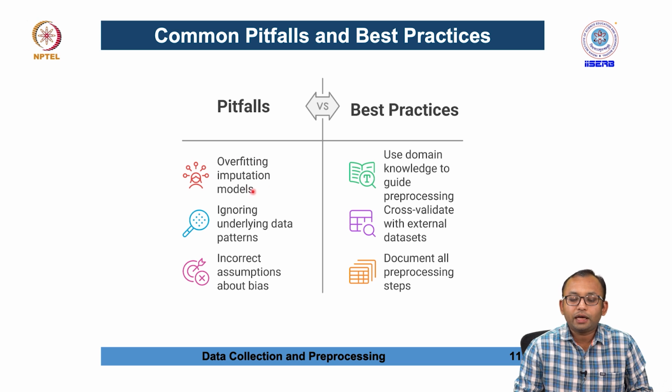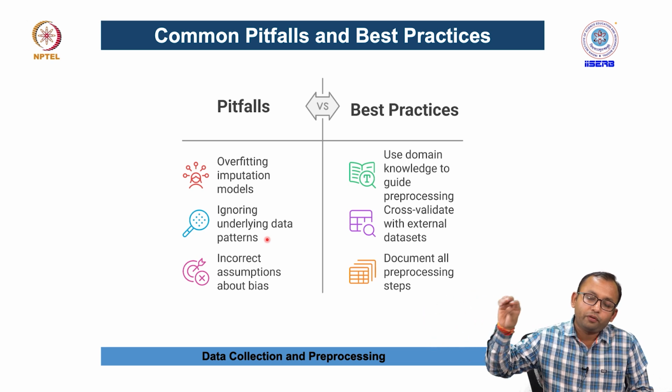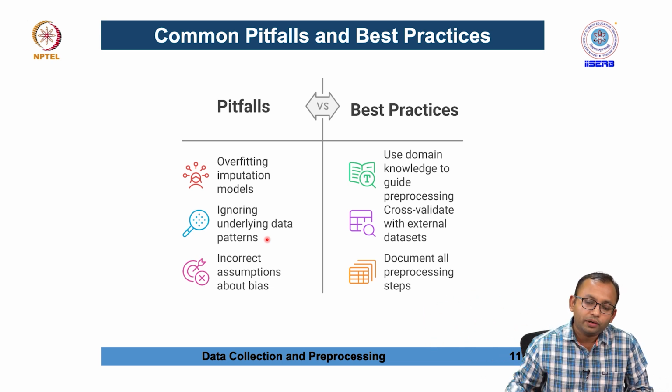That is basically an error we are further creating because of these models. Or it is possible that we are ignoring the underlying data patterns. Sometimes we are focusing on just one particular type of trend or seasonal pattern, and therefore we are ignoring other patterns in the data set. And in some methods, it is also possible that we are not assuming the correct biases, and that can also lead to some inconsistency.